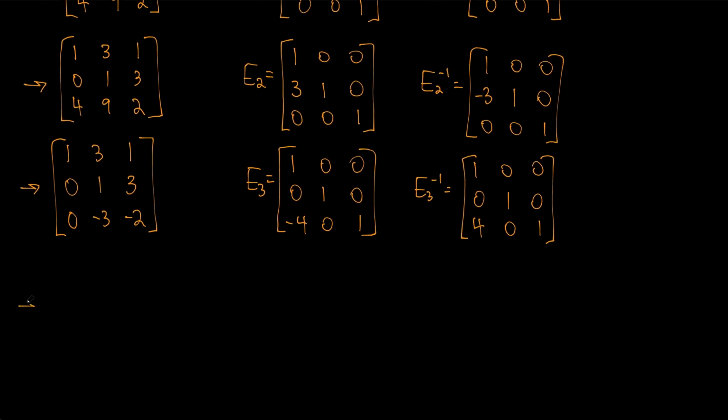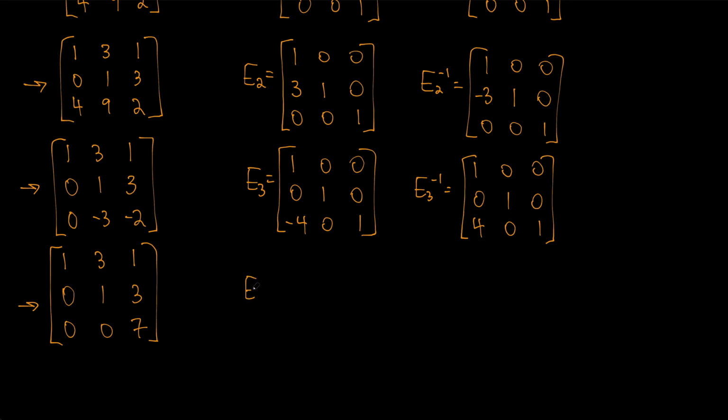Okay, almost there. How about I write, let's see, 1, 3, 1, that's fine, but I need to get a 1 in the second row. I already have it, great. So I need to get a 0 underneath it. So I'll write 0, 1, 3 and 0, 0, 7, because I'll just take 3 of this row and add it to it.